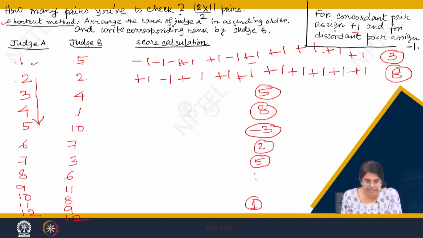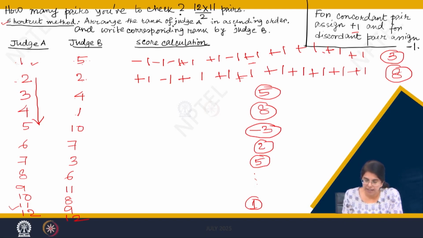For 12, is there anything left for comparison? No. 12 is always bigger than 11, 12 bigger than 9. So when you are doing 11, then it is finished. For 12, no need of going down. Okay. So these are the scores for individual ranking.